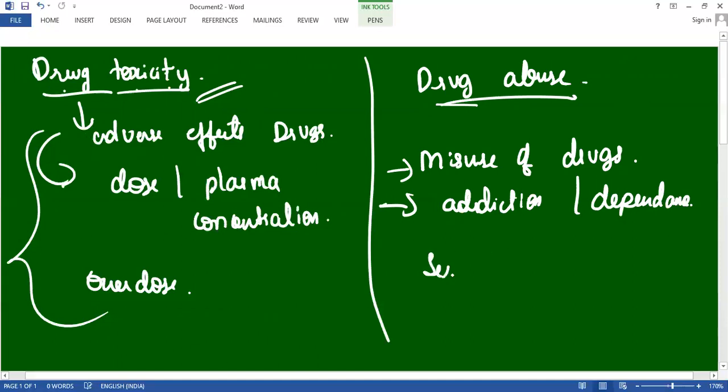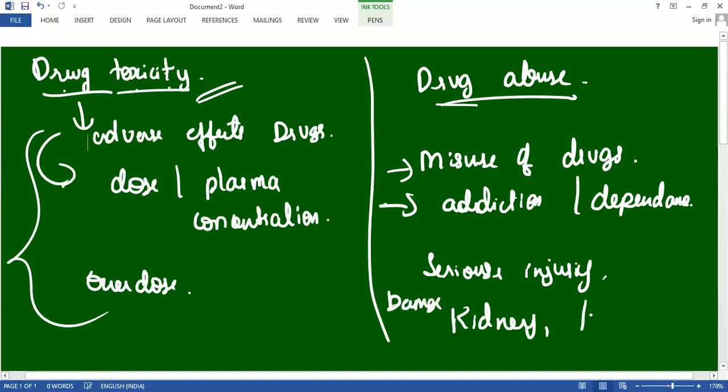This also results in serious injury such as damage to the kidney, liver, and heart. This is also very harmful. Addiction can be as simple as a headache tablet: if the patient is consuming it every day, it may be one of the issues.